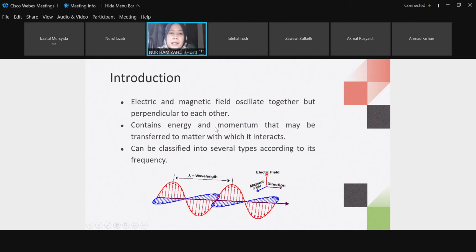This electric and magnetic field oscillate together, perpendicular to each other, and they contain the energy and also momentum that may be transferred through matter when they interact with it. It can be classified into several types according to their frequency, wavelength, and energy.